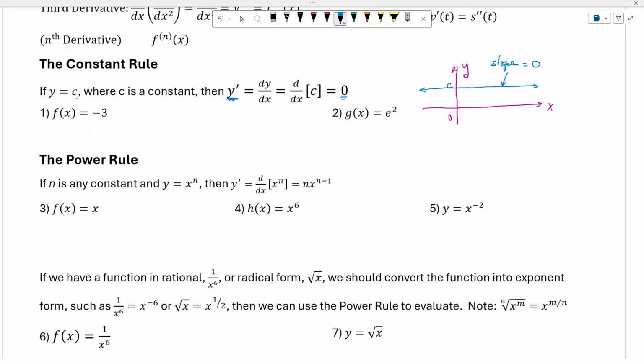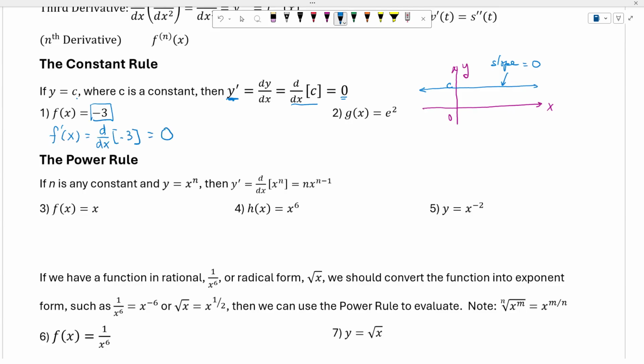How do we write the notation? For example, if I have f of x equal to -3, again, -3 is a constant, so I could write down f prime of x. Or we could use the notation here: we take the derivative with respect to x of the number -3, right? Then my answer will be 0.